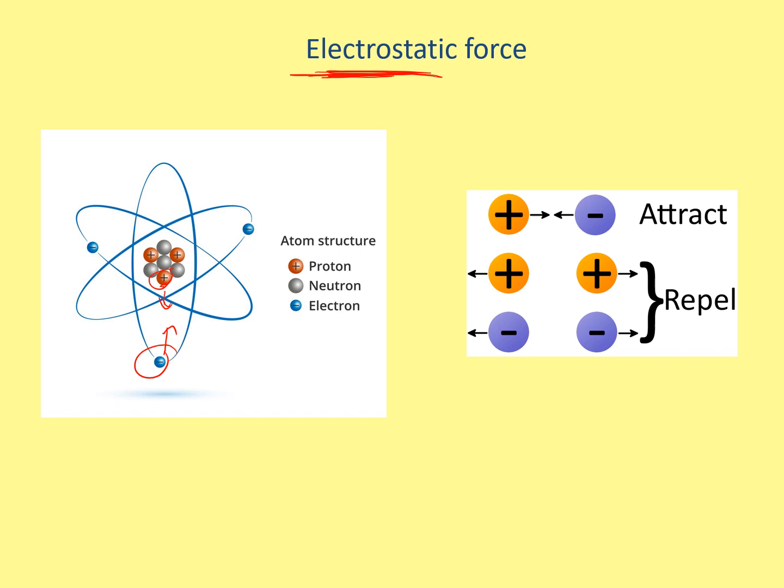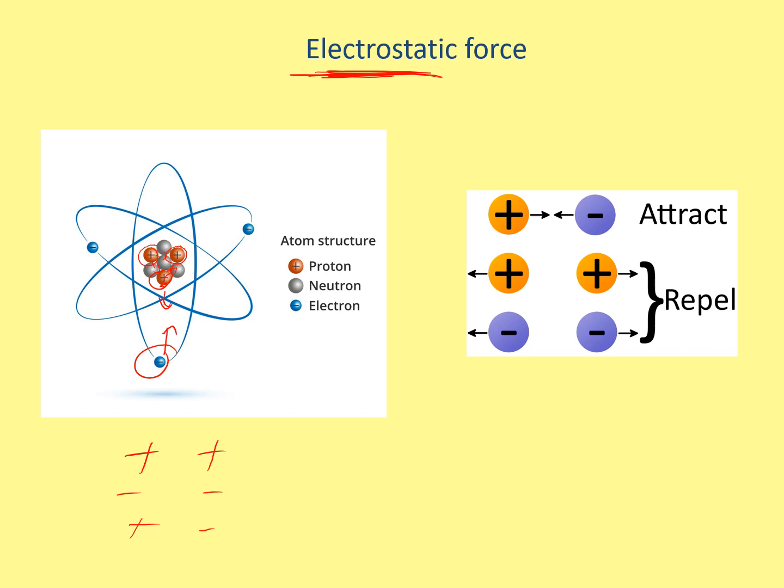If you've had a look inside the nucleus, you might see there's also more than one proton. These are also exerting a force on each other. So they're kind of pushing each other away. And this is still the electrostatic force. So whenever we've got a positive and a positive, or a negative and a negative, or a positive and a negative, these will make a force. We say it exerts a force on the other.